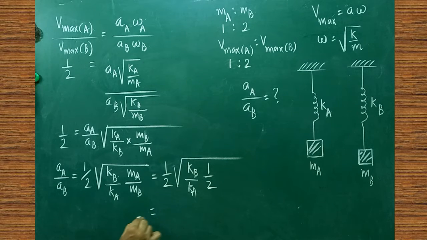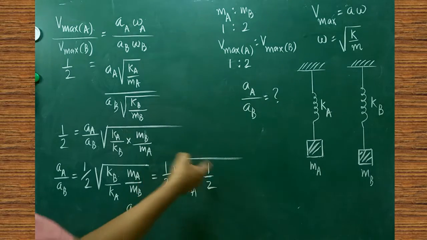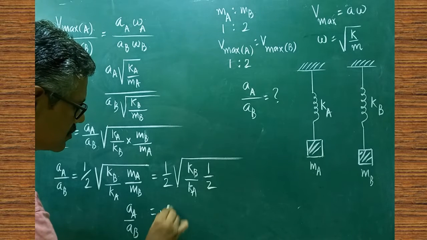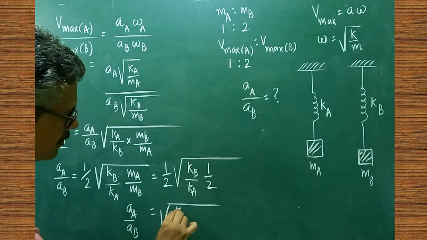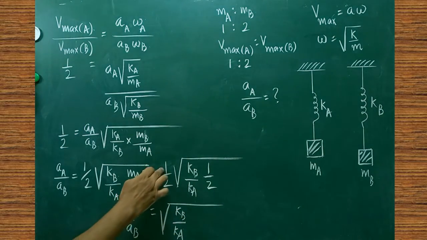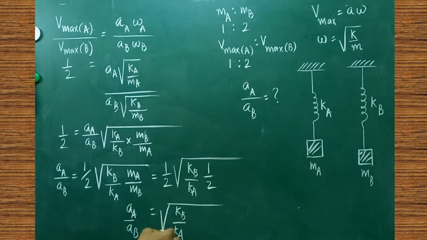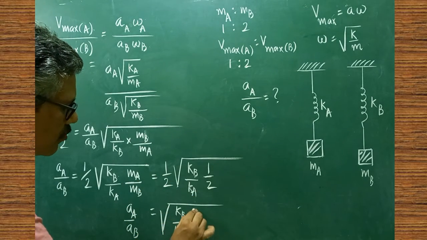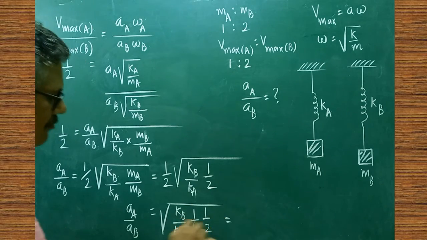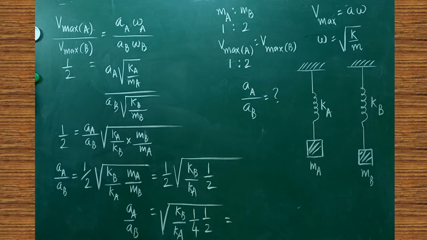The next step: AA by AB is equal to, if the half is taken inside the square root, that becomes 1/4. So Kb divided by Ka you write as it is. If 1 by 2 is written within the square root, that becomes 1 by 4. Already 1 by 2 is there. If both are multiplied, you will get 1 by 8.